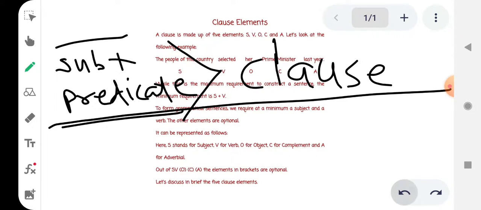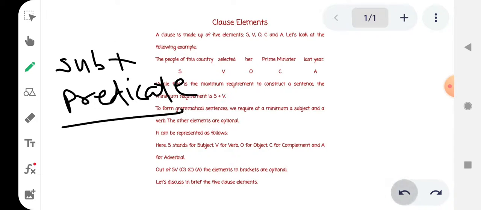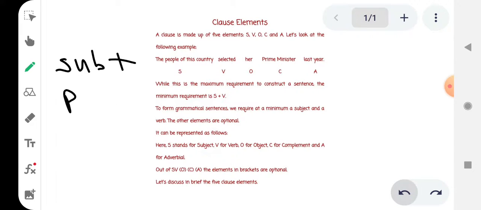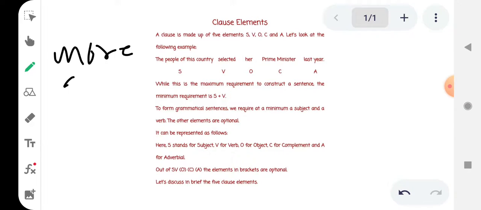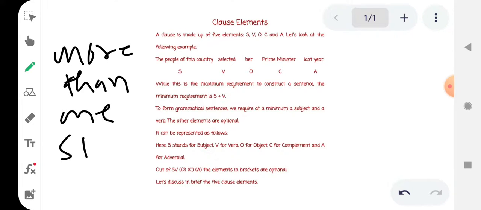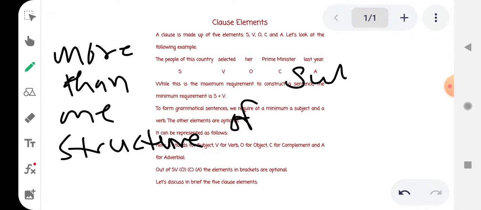In a sentence there can be more than one clause, that means there can be more than one structure of subject plus predicate.